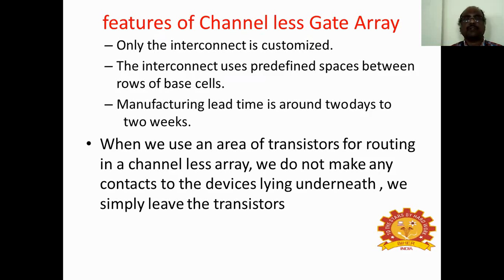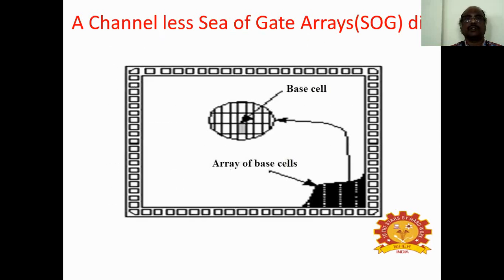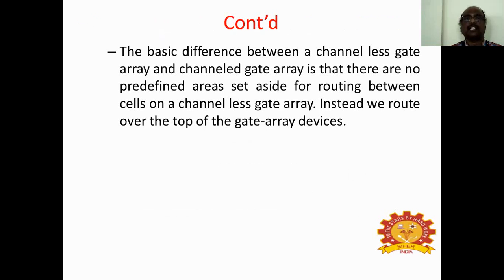So here, this is the channelless one. You can see there is no space in between the rows of the base cells. The basic difference between the channelless gate array and the channeled gate array is that there are no predefined areas set aside for routing between the cells on a channelless gate array.